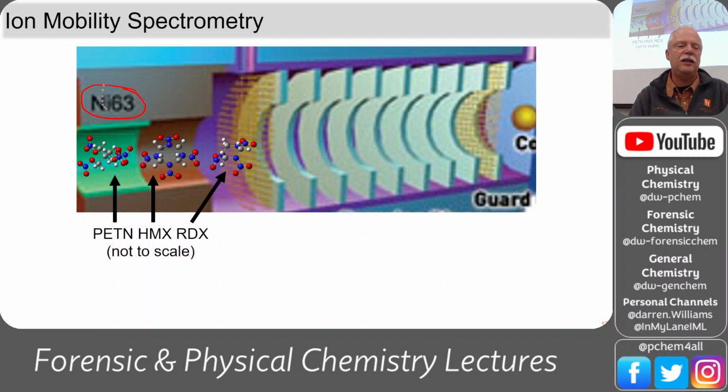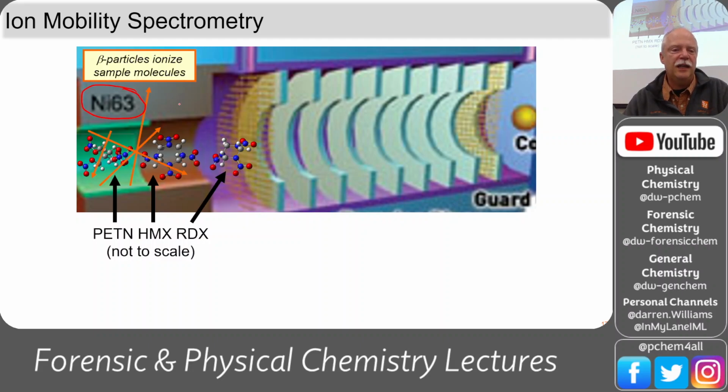So here's a nickel-63 source, and it's spitting out beta particles, which are high energy electrons. Those beta particles come out and they ionize the substances that are in this inlet area. What actually happens is they ionize a little tiny dichloromethane gas. So there's always a little sample of gas to go in there and become ionized.